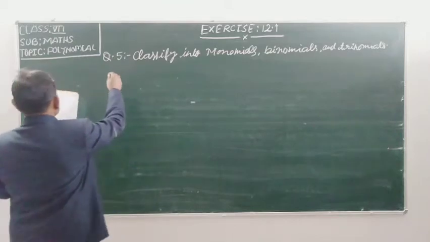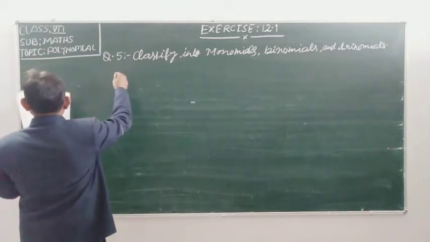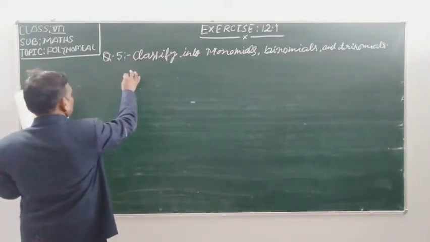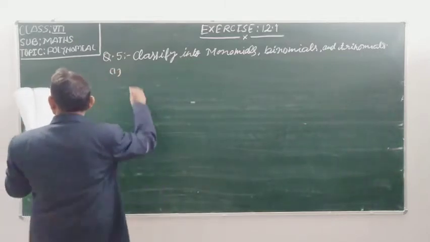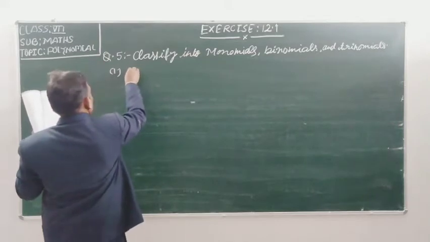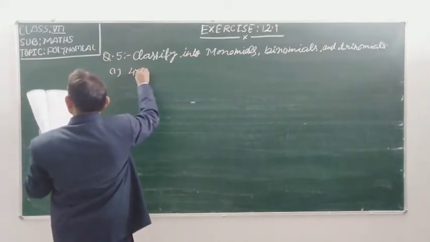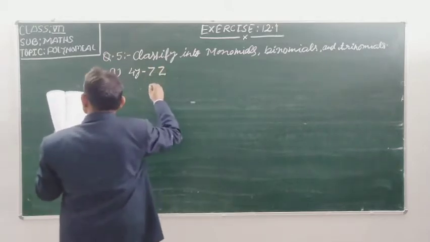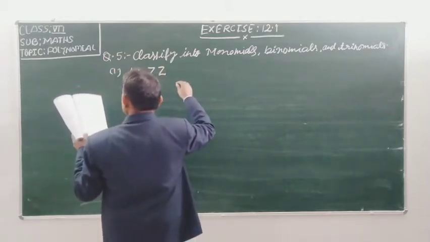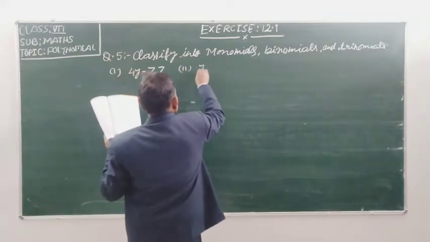Example student, there are many parts given in this question, but here I am taking some important parts. First 4y minus 7z, and I am taking the second part also, y square.